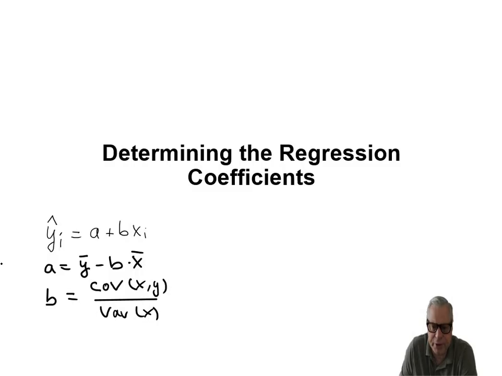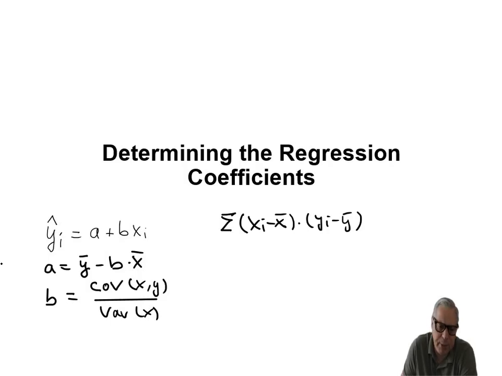Just as a refresher, the covariance can be written as the sum of all the deviations of xi from the mean of x times the deviation of yi from the mean of y. Then we still divide by n minus 1, but because we divide by the variance of x, which would also be divided by n minus 1 for a sample, the n minus 1 cancels out, so we don't have to worry about dividing by anything.